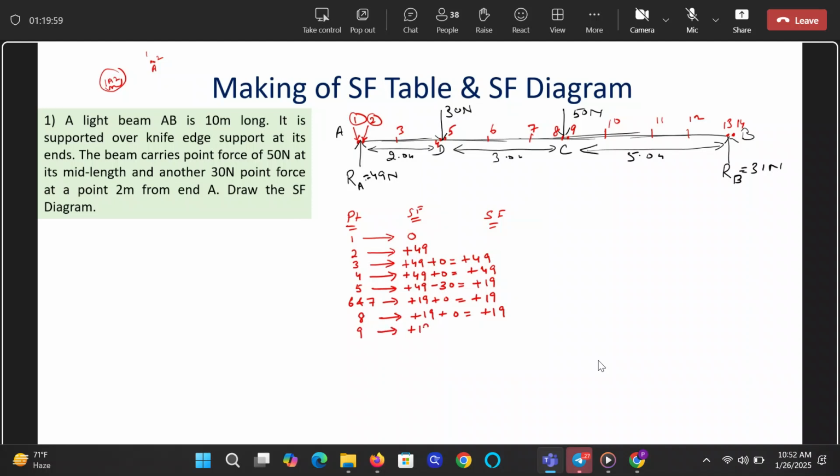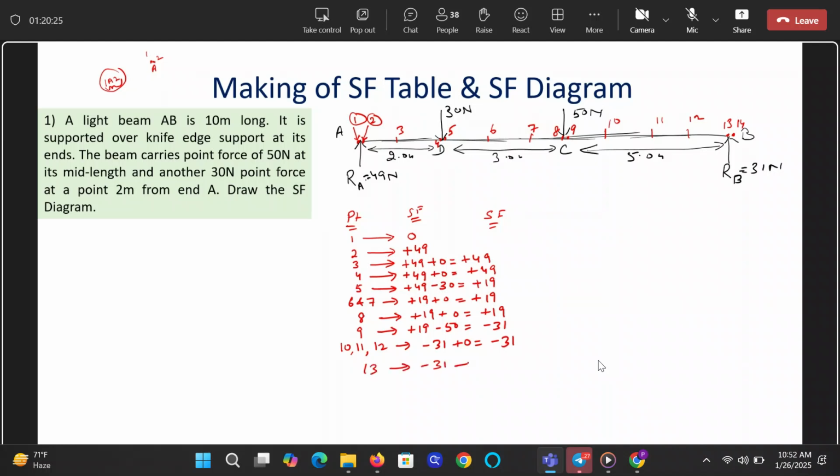What will be the shearing force at 9? Plus 19, and then there is minus 50, coming to minus 31, right? Correct, sir. There is no change between 9 to 10, 10 to 11, 11 to 12. So that means 10, 11, 12 remain minus 31. Am I right, guys? Correct, sir. Then at 13, there is again no change.